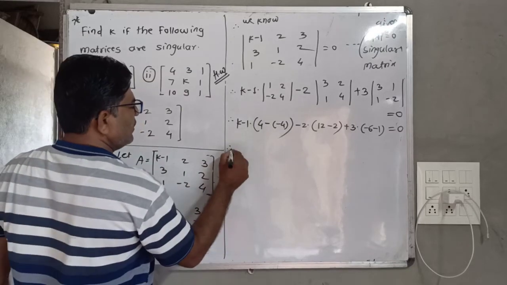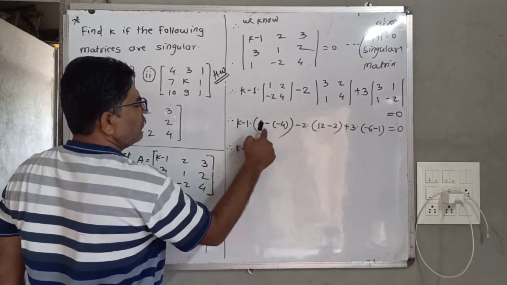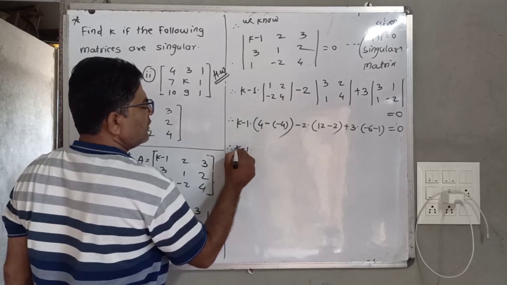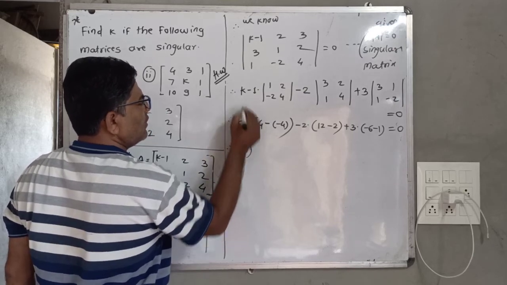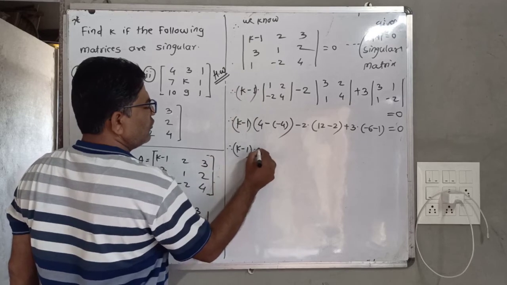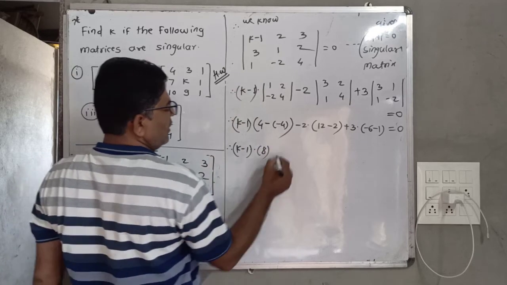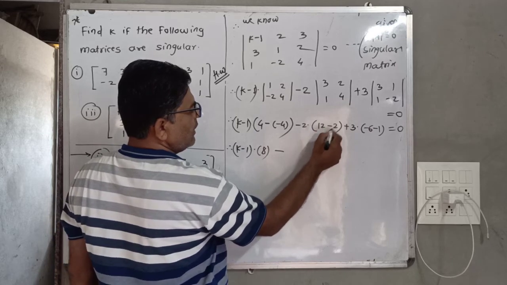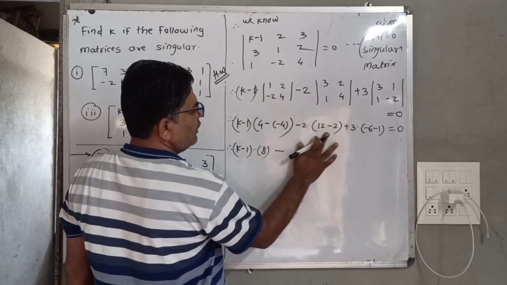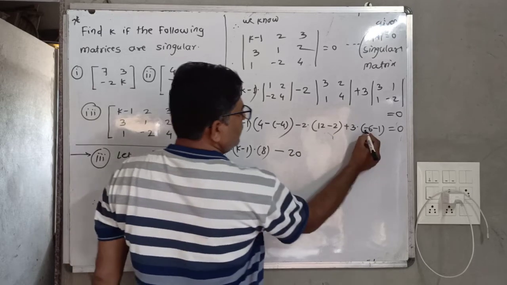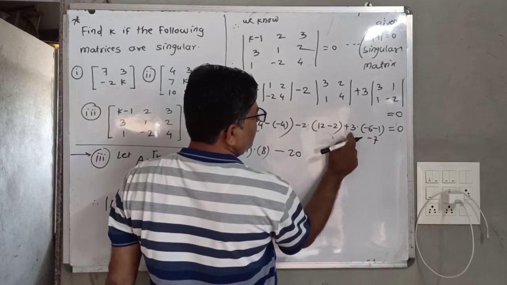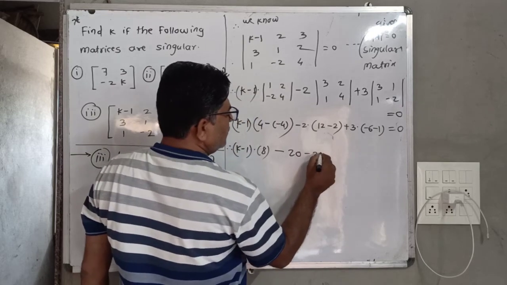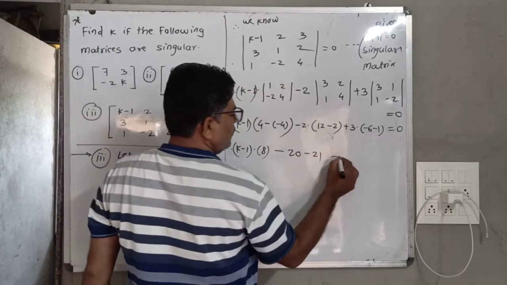Simplify this, k minus 1 into 4 plus 4, that is 8, minus 12 minus 2 is 10, 10 2s are 20, minus 20, minus 6 minus 1 is minus 7, 7 3s are 21, minus 21, equal to 0.